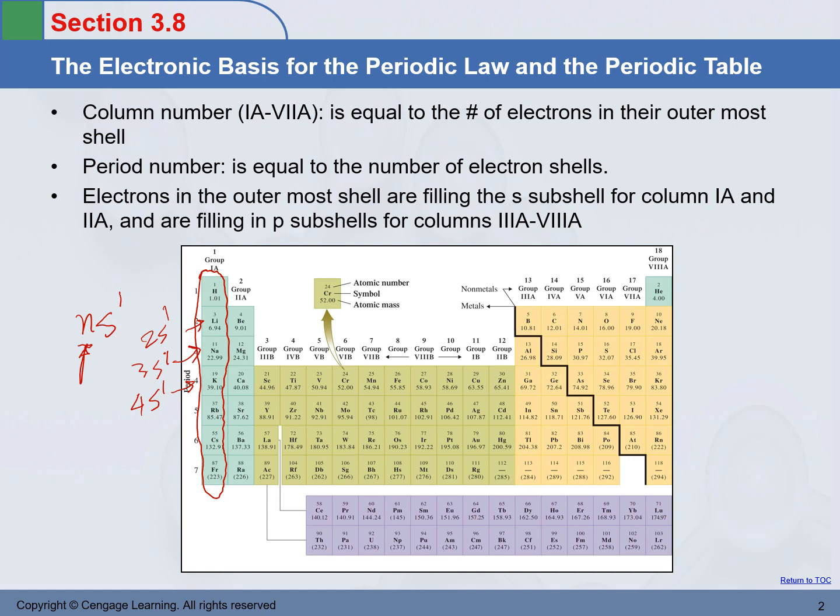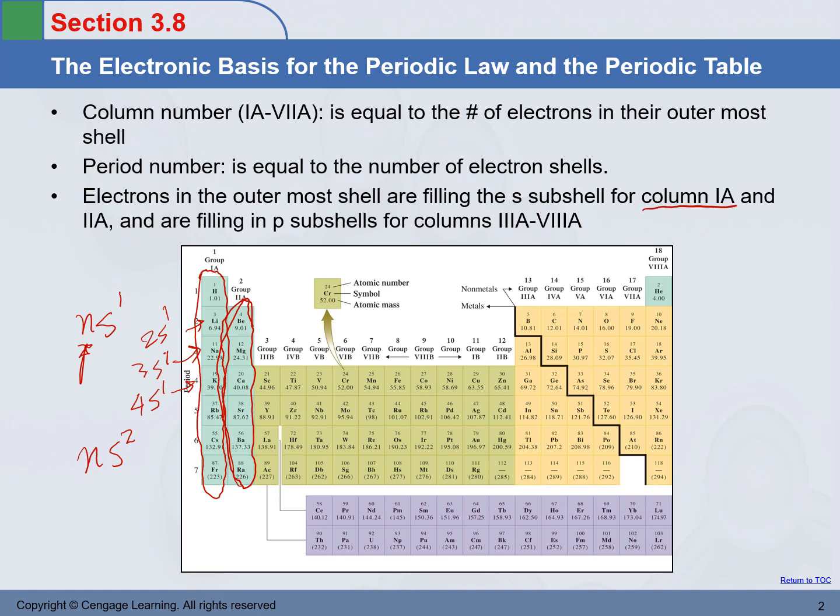If we understand that, for sure we will also understand that the outermost shell electrons for column 2A will be ns2. You add one more electron to the S subshell. The S subshell can hold up to 2. So that's what it says here.